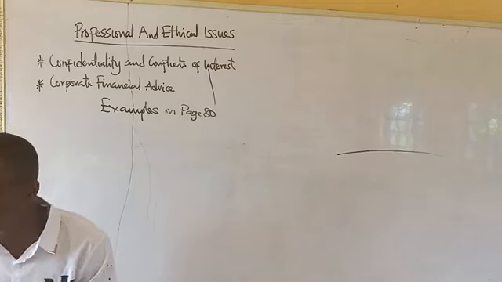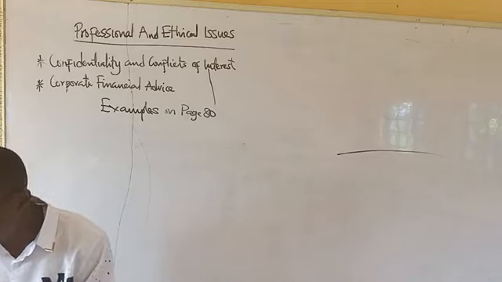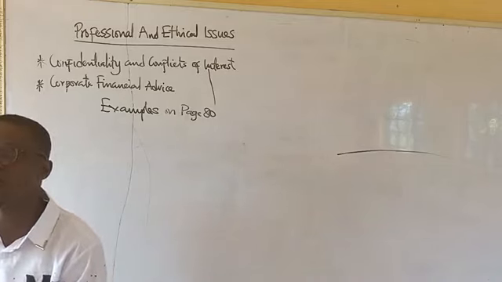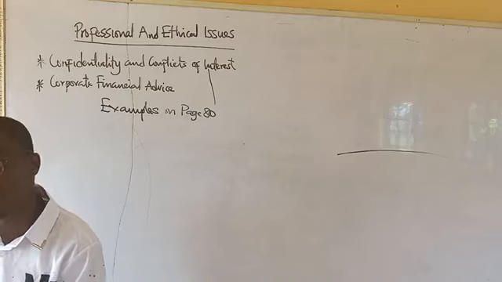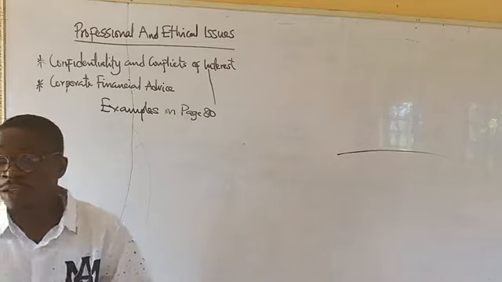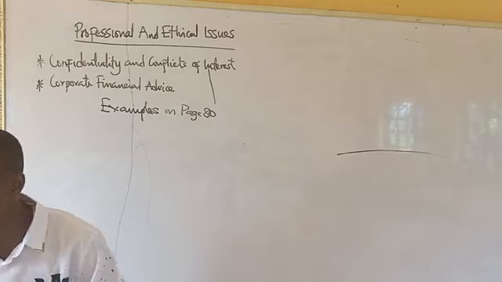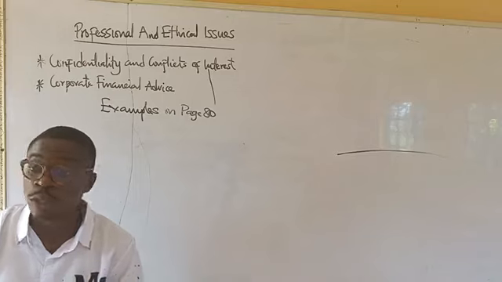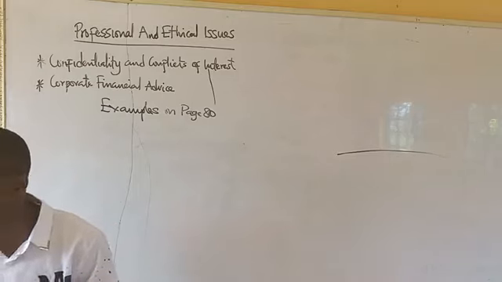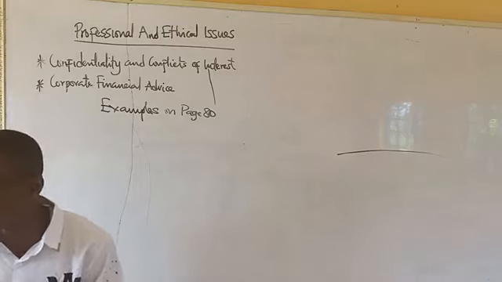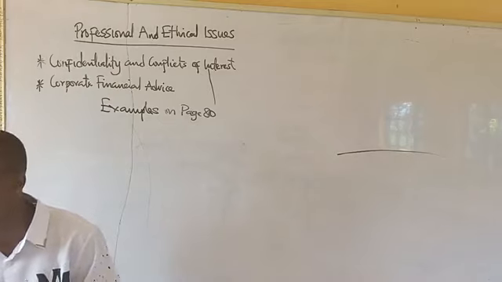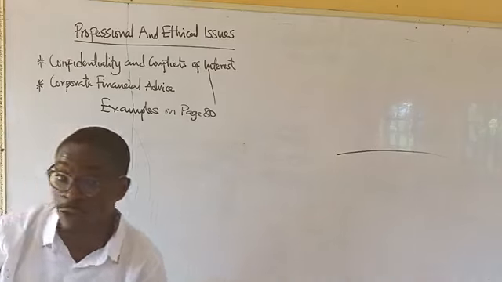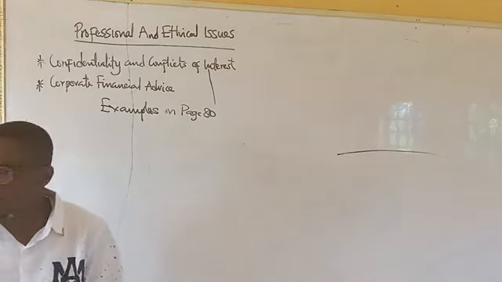The reason the finance director insists that there should not be interruption to the accounting department is that when you're auditing, you'll be asking questions and asking for documents, and the time they were supposed to be using to do their work, they will be using to attend to the audit team.